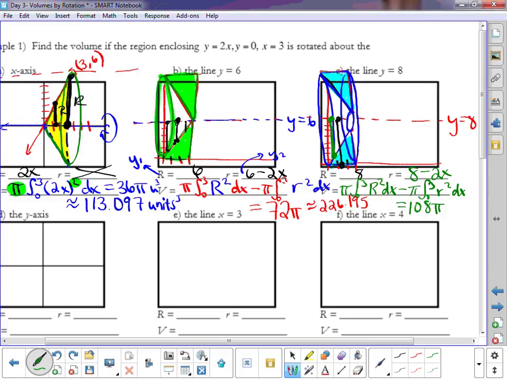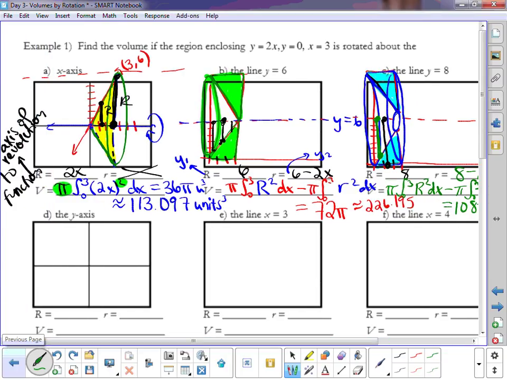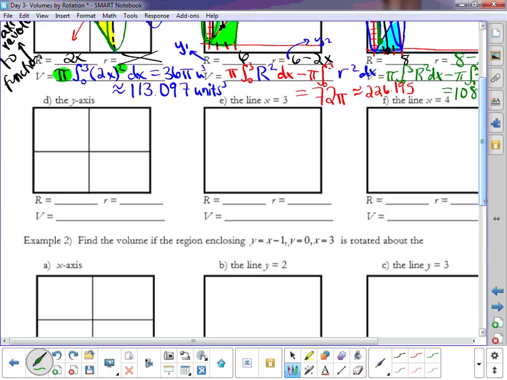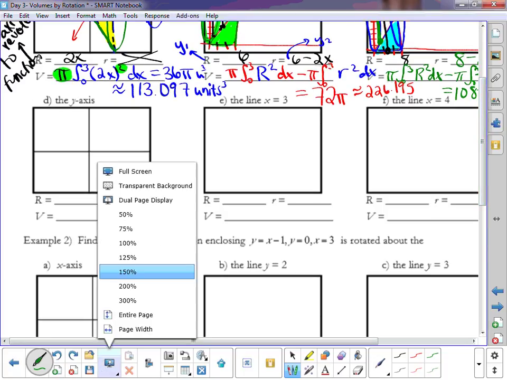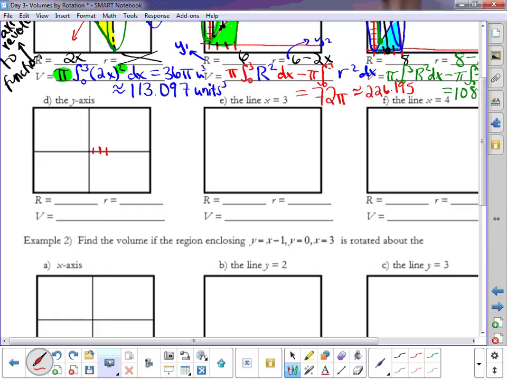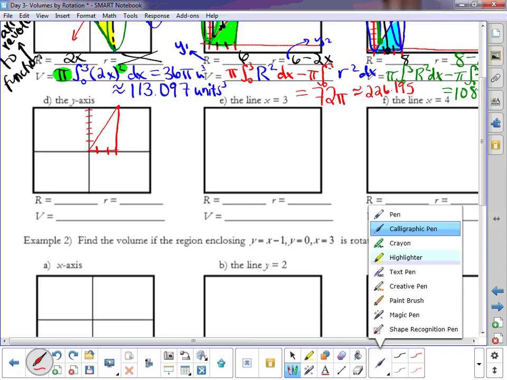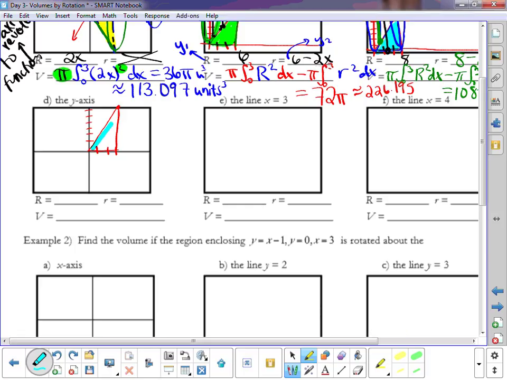Okay, now let's take a look at revolving it the other direction. So let's take a look at D. It says revolving around the y-axis. Same region, but now revolved around the y-axis. So once again we have that region with the point 3, 6.